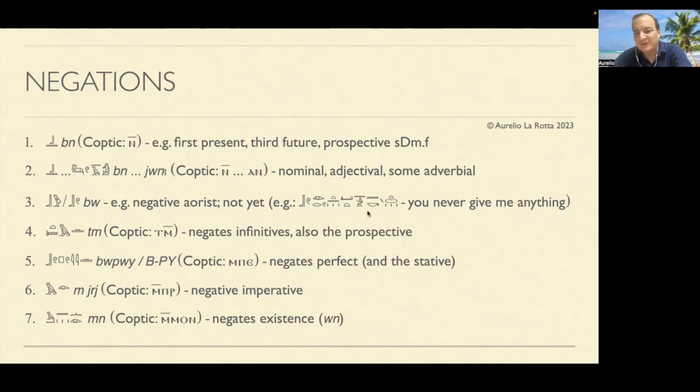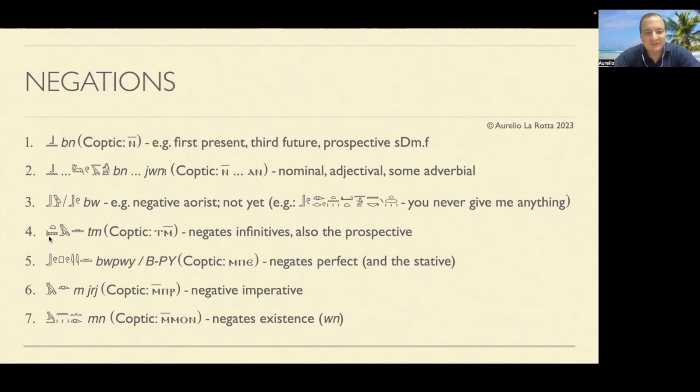That was in the chapter on the indefinite, like all, any, nothing. That's where we had this one. And you'll see this one is not being negated with bn. This one is being negated with bw. It's not the only place. It's also, for example, used in a construction to indicate not yet. But I would say it's not as common as bn in Late Egyptian.